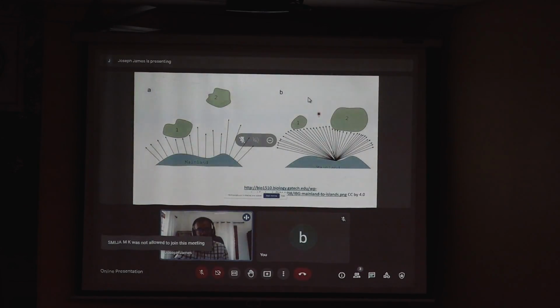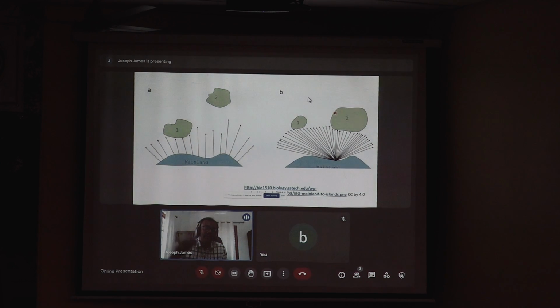The other finding by them was that the size of an island matters with regard to the extinction rate. The larger the island, the extinction rates are smaller, and the smaller the island, the extinction rates are higher.